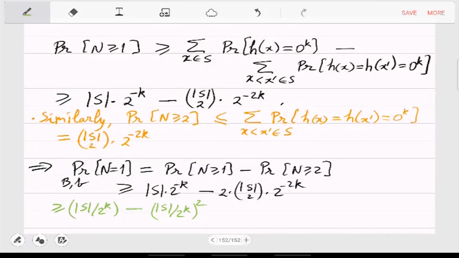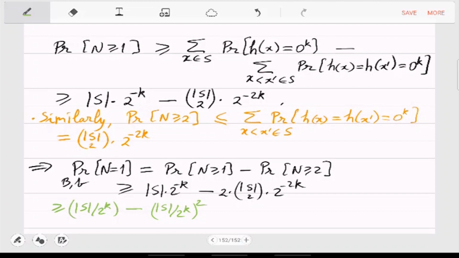And what can we say about this now? So, here we will use the hypothesis. What was the hypothesis? The hypothesis said that S is between 2 raised to k minus 2 and 2 raised to k minus 1, right? So that tells you something about S by 2 raised to k. It's between 1/4 and half.